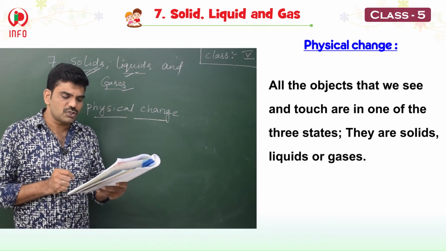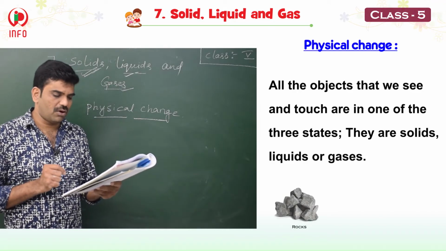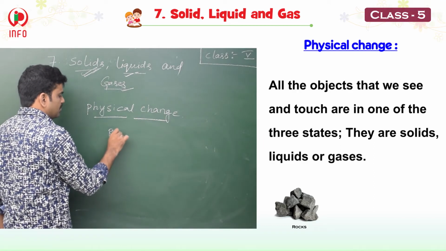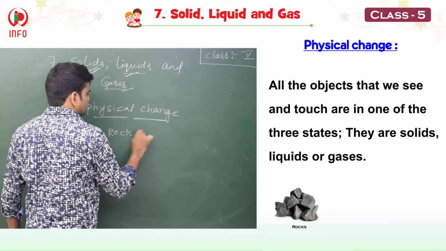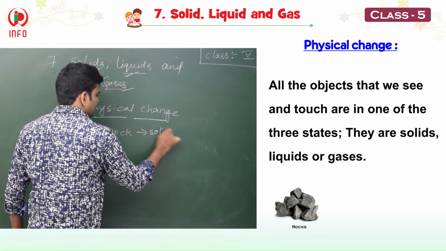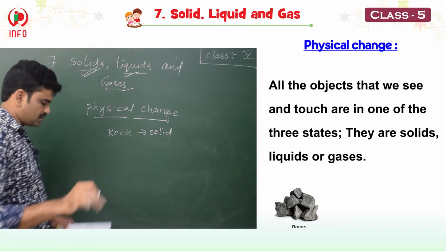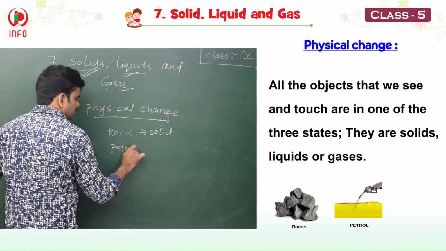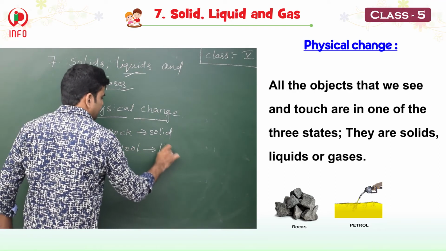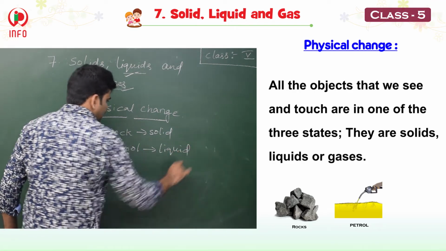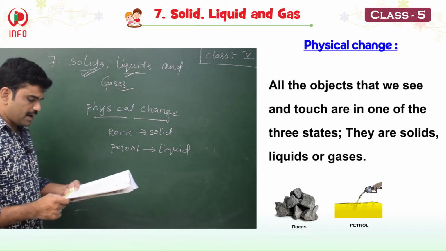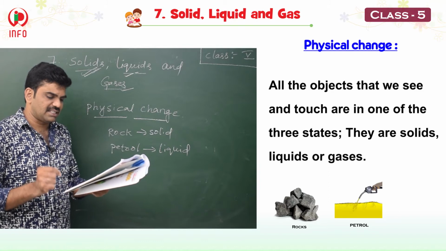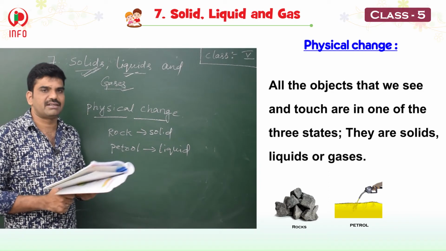We are used to seeing rocks as solids. So rock is an example; that is a solid. And petrol is a liquid. And we think that these things always exist in the same state.